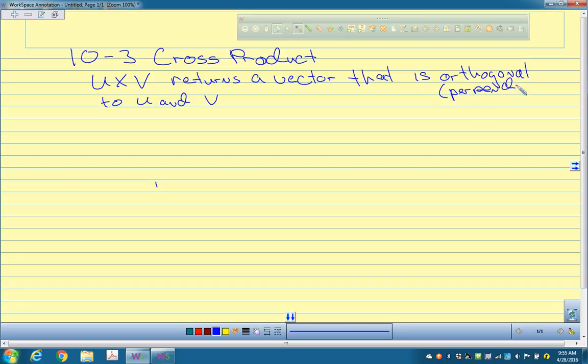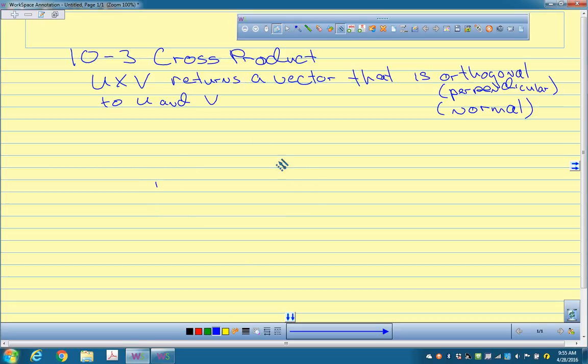Still another word for orthogonal, which you may have heard of, is normal. So if they say this vector is normal to the two other vectors, it means that it's perpendicular.